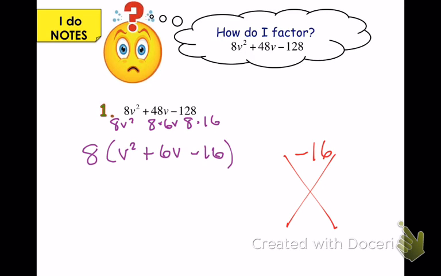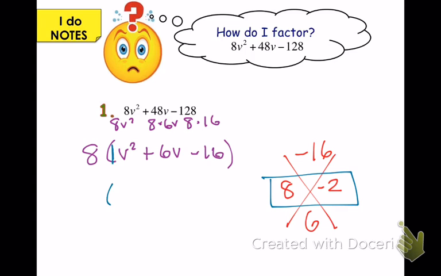My middle term is a 6. So I'm thinking of two numbers that multiply to 16 and subtract to 6. I'm thinking 8 times 2 is 16, and 8 minus 2 is 6. I want the 2 to be the negative. So I can now take these two numbers and use the shortcut for factoring, since I have an invisible 1 right here.